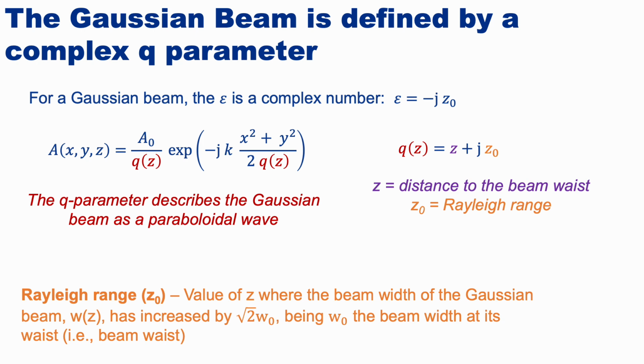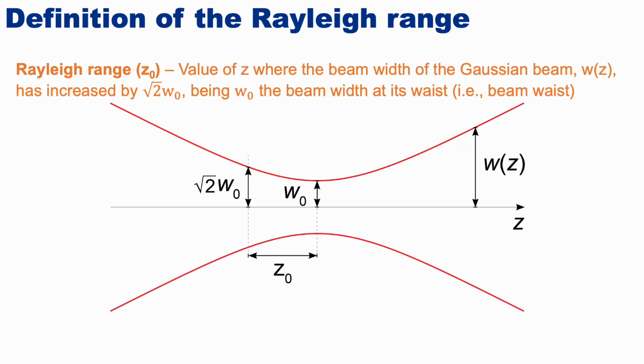So what is exactly the Rayleigh range? Here we have a representation of the Gaussian width, and we see that it always increases with the value of z, except when we have a minimum value that is W sub 0, so that's gonna be my beam waist.